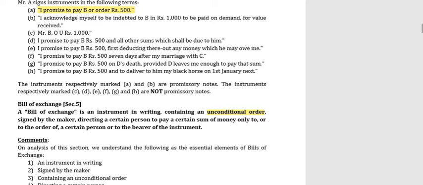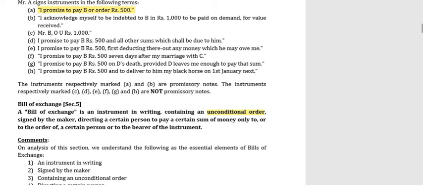So all these things, examples C to H, do not make the instrument good. A and B alone will make the instrument good. Okay, so I promise to pay B rupees 500 on D's death provided D leaves me enough sum to pay.